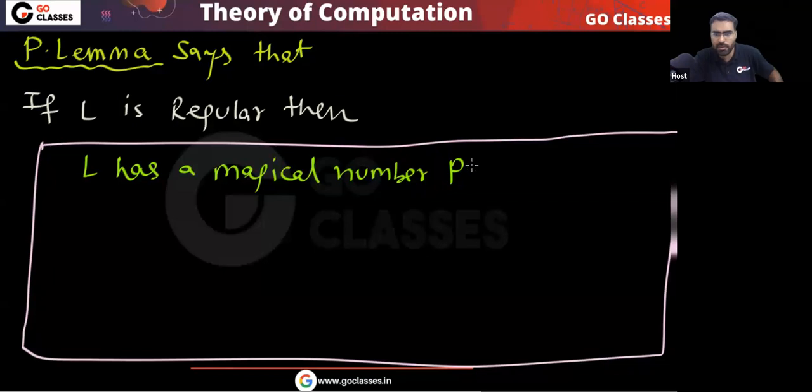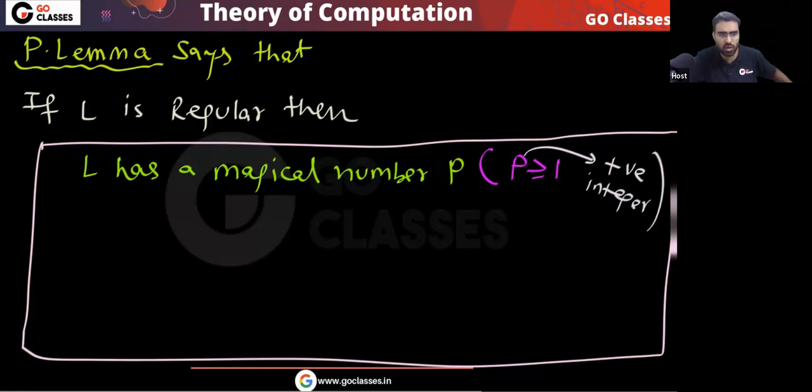Remember this P: it is a positive integer, P greater than or equal to 1. Now, the statement is saying that L has a magical number such that every candidate string pumps.